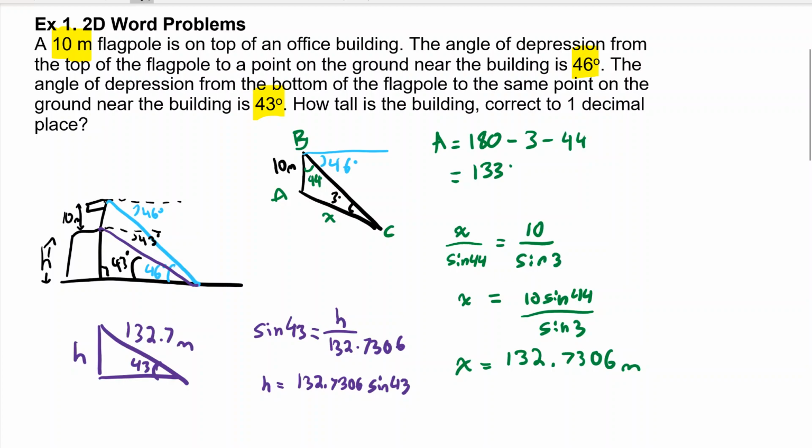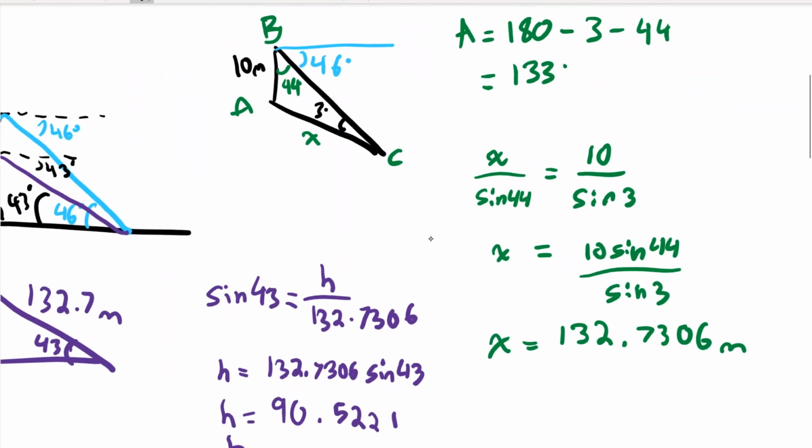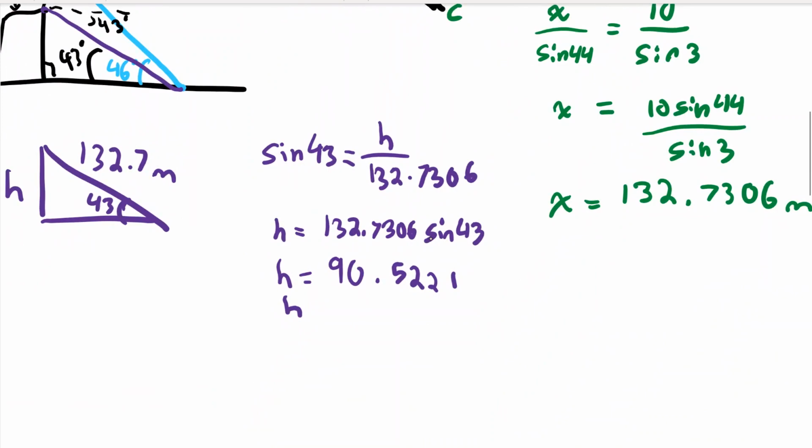The height of the building is 90.5221 meters tall. So if I'm rounding it to 1 decimal place, as the question asks, I'm going to write that final answer as 90.5 meters.